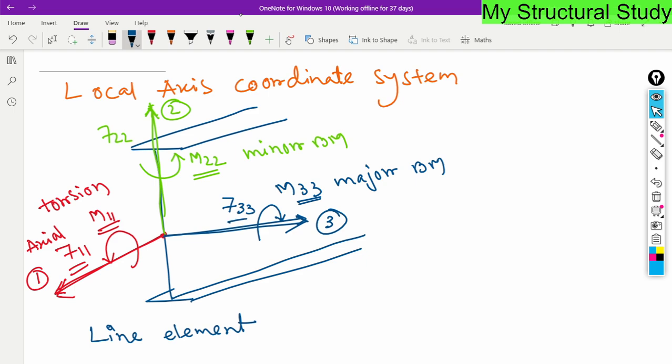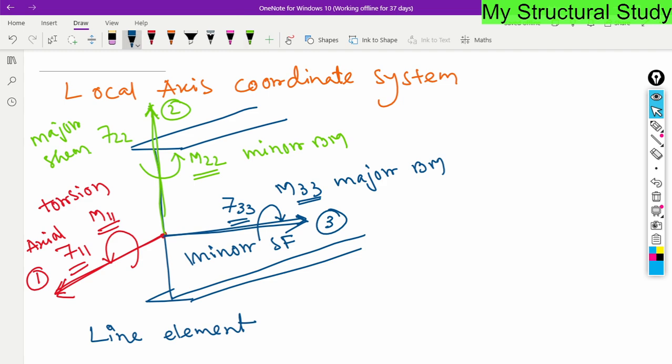This F33 force is the minor shear, and this F22 is the major shear. Now this is the local axis arrangement for line element.